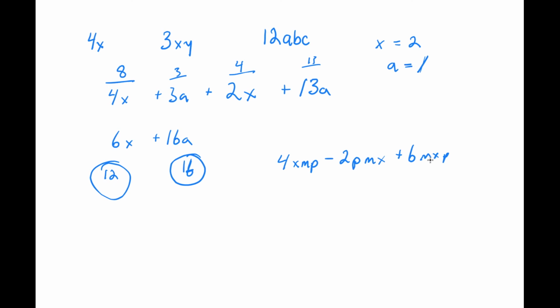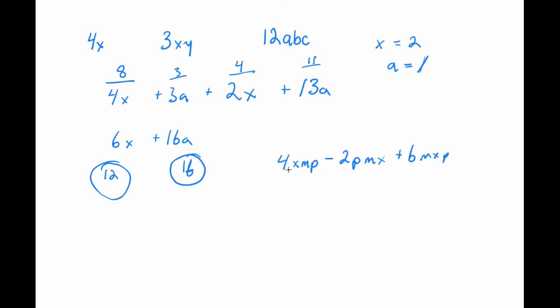Well, remember back to your commutative property of multiplication. These are factors. These variables and this constant within this term, these are all factors. We can rearrange factors in any order we want, and it's still the same value. It still has the same intrinsic value regardless of what order you write it in, right?